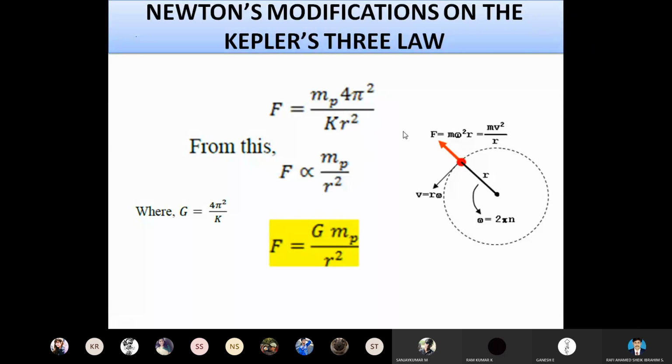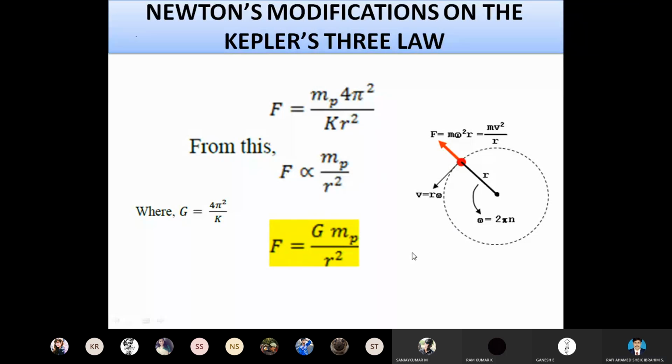To remove the proportionality and to introduce a constant, we made P square equal to K into A cube. From that, the modification concept begins, and we applied the centripetal force along with the angular velocity, and finally we derived F is equal to G M P by R square.